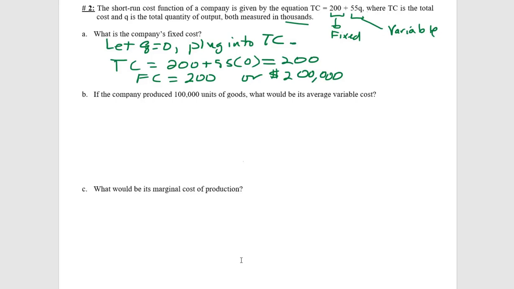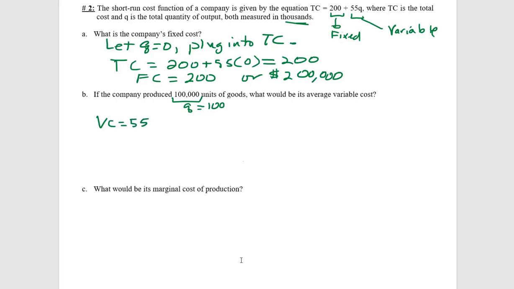All right, if the company produced 100,000 units, what would its average variable cost be? So if we're talking about producing 100,000 units, Q is 100, because remember these are measured in thousands. What would the average variable cost be? Again, two ways to go about this. We could start by finding the variable cost. The variable cost is the portion of this that does vary with output.